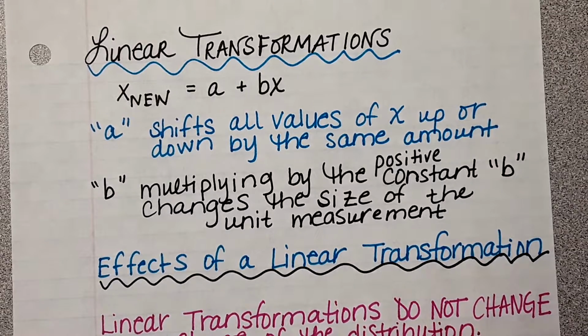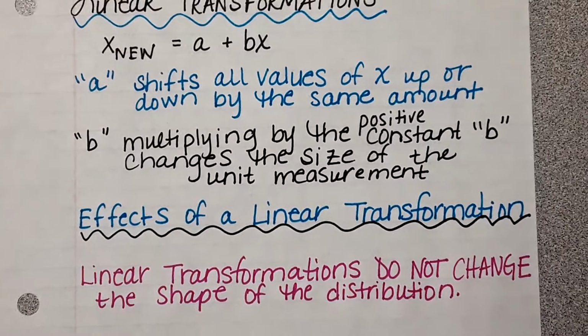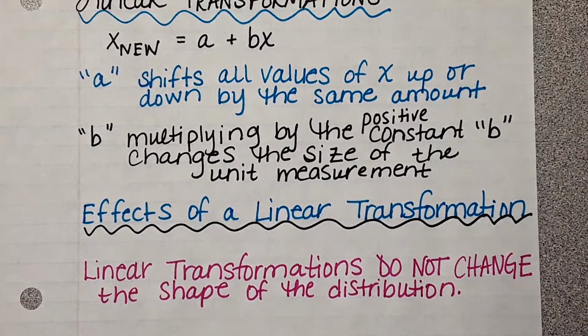So if you have a roughly symmetrical distribution and you do a linear transformation, the new distribution is going to be roughly symmetrical. If it was right skewed, it's going to stay right skewed. Whatever you do, remember, it's not going to change that shape.